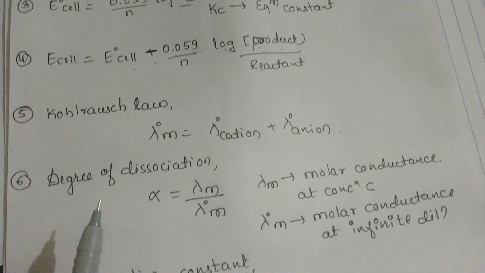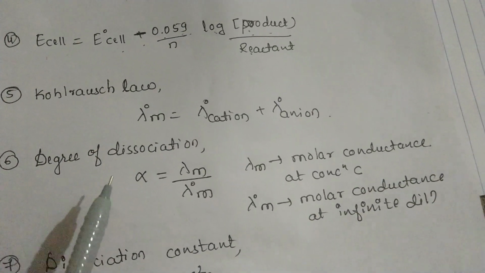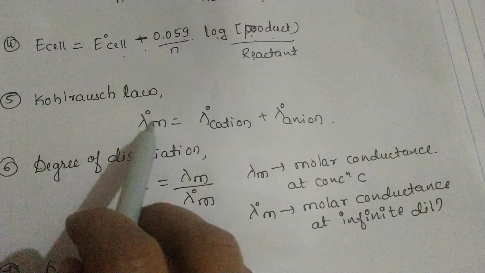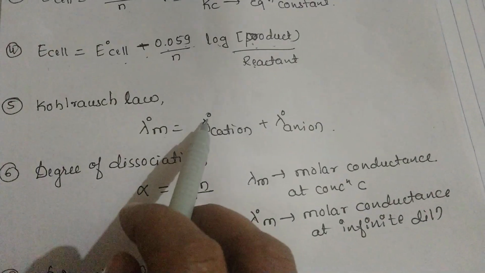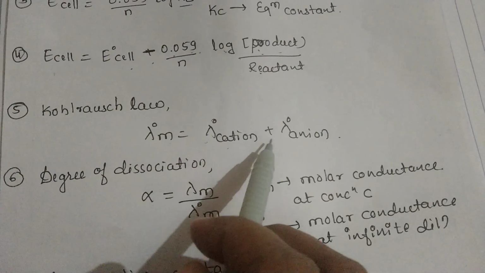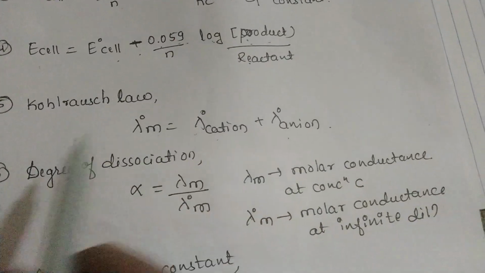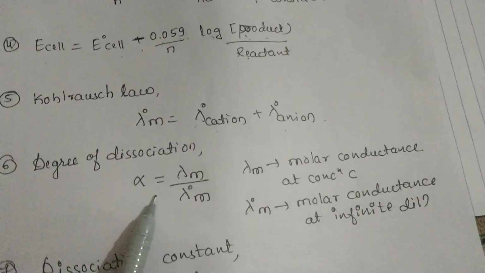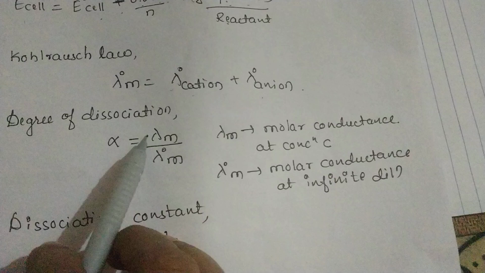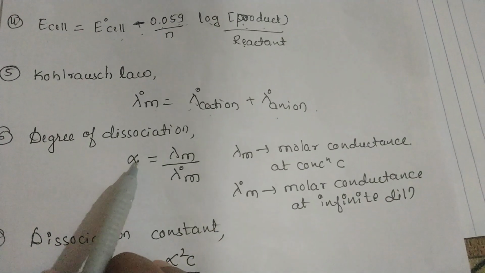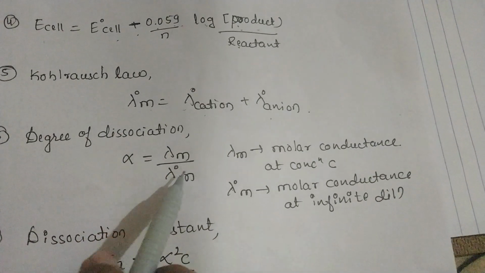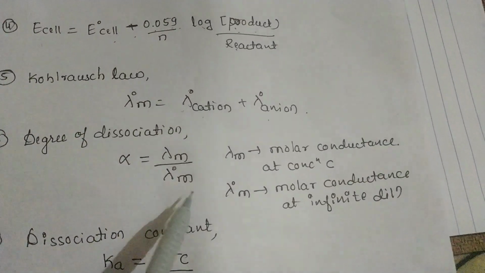Then the next formula is Kohlrausch's law. So lambda naught m is equal to lambda naught cation plus lambda naught anion. Then for the degree of dissociation we have to use alpha is equal to lambda m divided by lambda naught m.